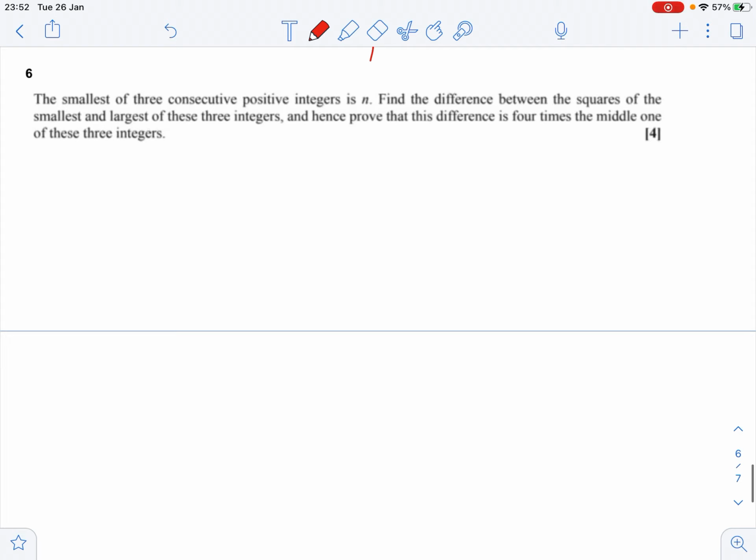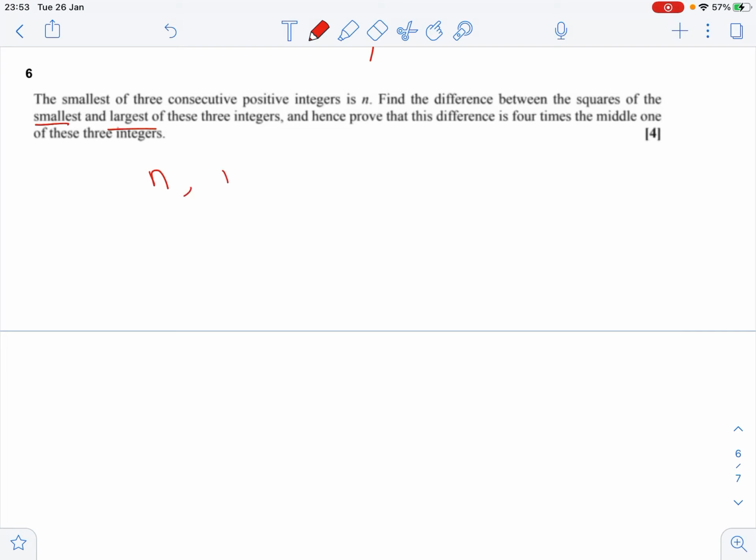And the last question: the smallest of 3 consecutive positive integers is n. Find the difference between the squares of the smallest and the largest.